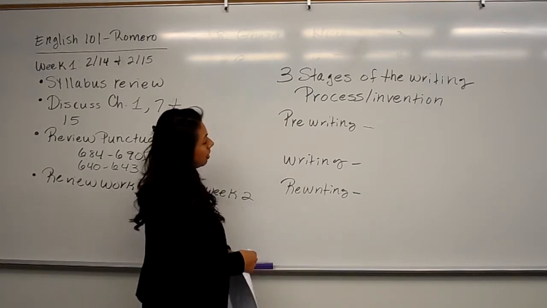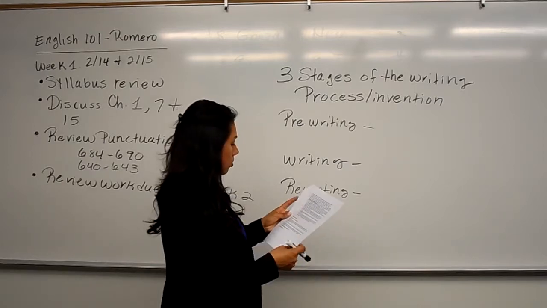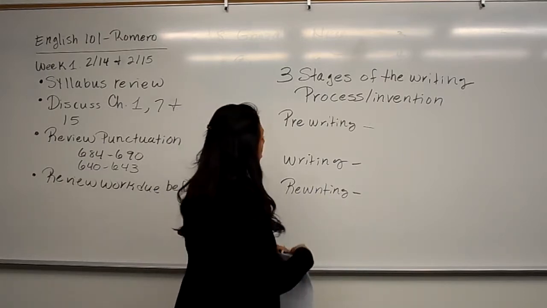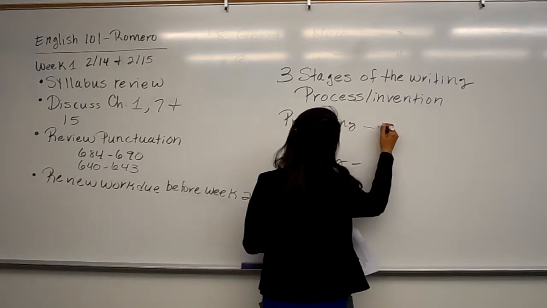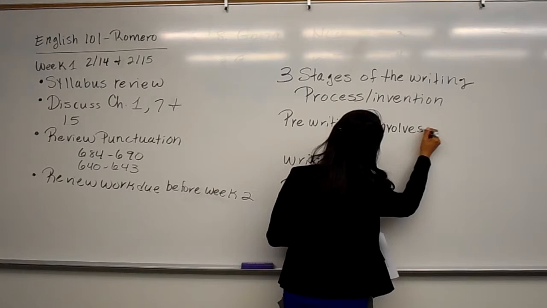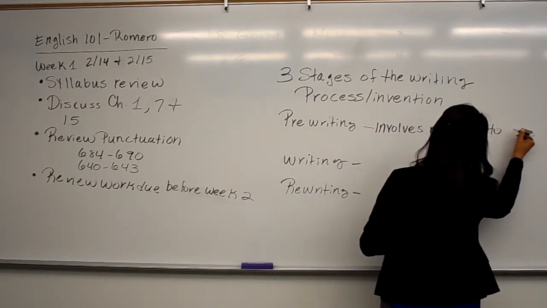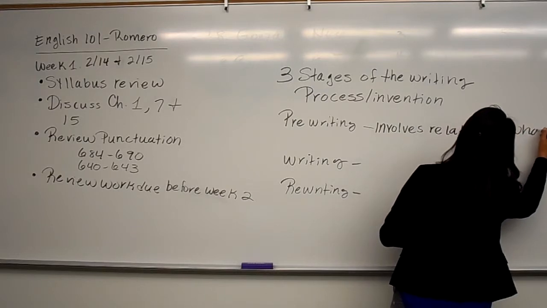The first stage of the writing process, or invention, relates to the pre-writing stage. And the pre-writing stage involves everything related to what happens before you write the rough draft.